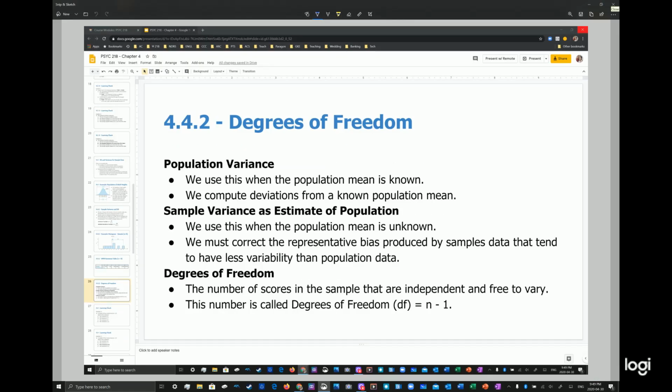That is another way of saying n minus 1. And so what that means, to put this in more plain English, is the number of pieces of independent information. That's where you're going to get the word freedom from. And the degrees is sort of the number of pieces of information that is independent and free to change.